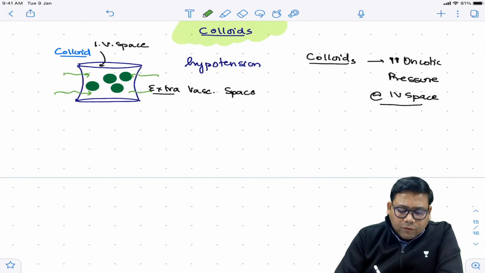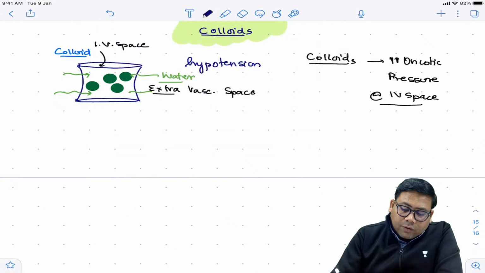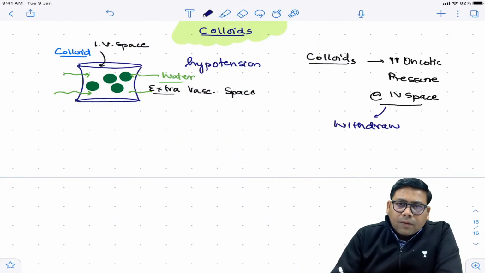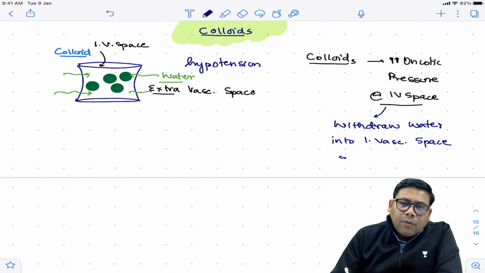You know, will water move from the low osmolar state to high, or high osmolar state to low? The answer is from low osmolar state to high, and therefore it will withdraw the water into the intravascular space. And this is from where? From the extravascular space, and this is very, very important.